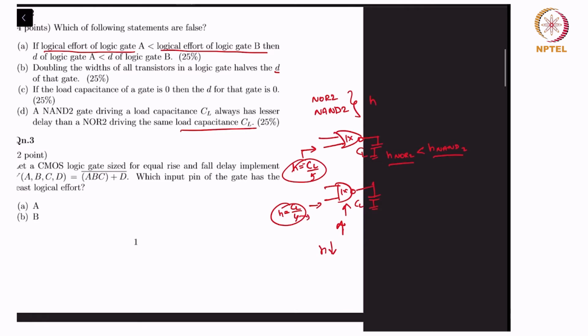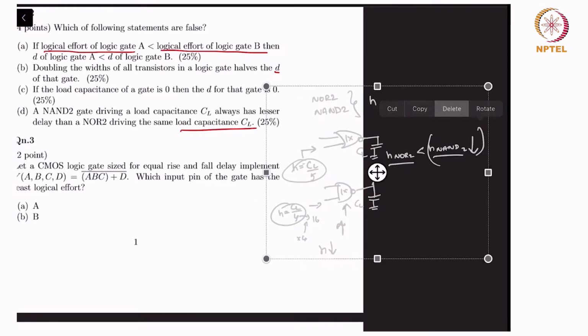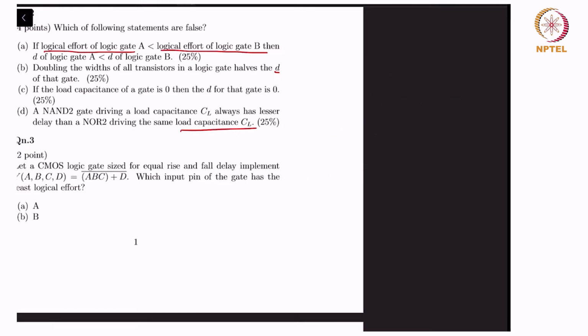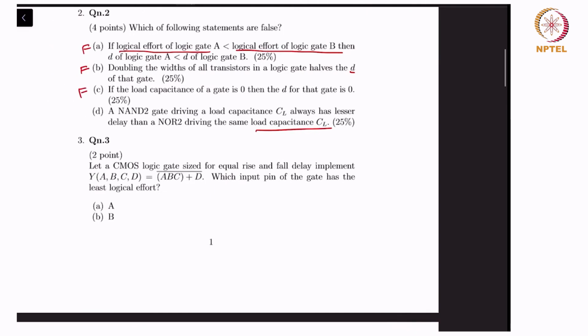This 4 could become 16 or something, if I sized it up by a factor of 4. I could have brought down this NAND 2 artificially by sizing up the NOR 2 gate. So you really can't say, because there's no comment made about the sizes. It just says a NAND 2 gate and a NOR 2 gate, right?